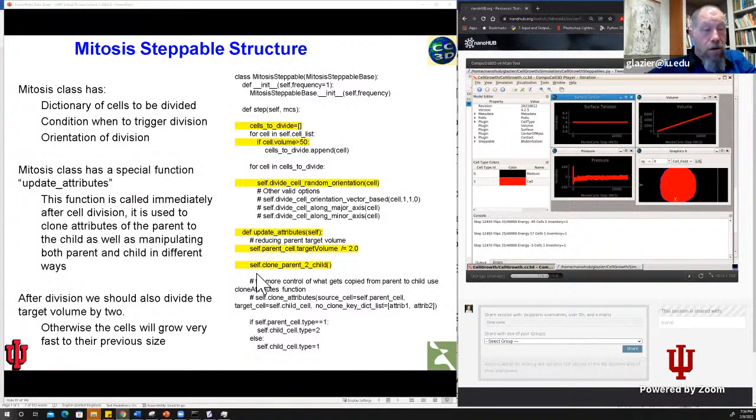And then there's a very powerful function which took a long time to get written, like years, called self.clone parent to child. And that's going to copy all of the properties of the parent onto the child. And it should actually copy everything, including the dictionaries and everything else.